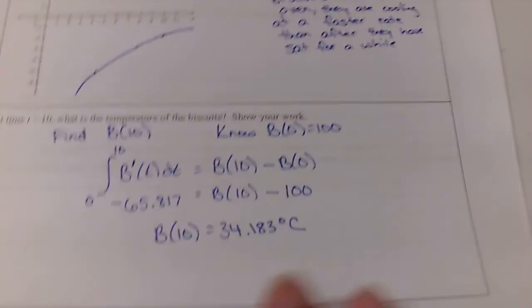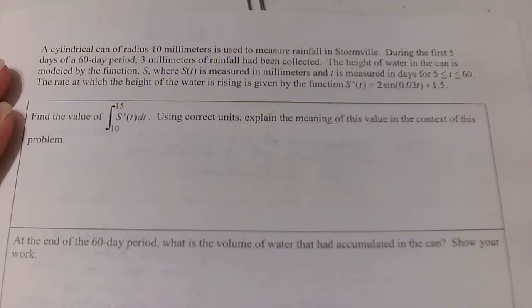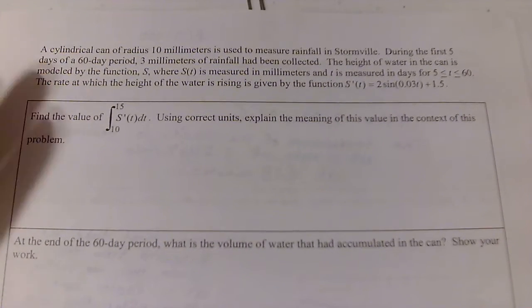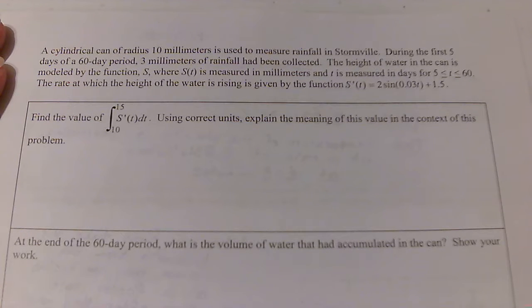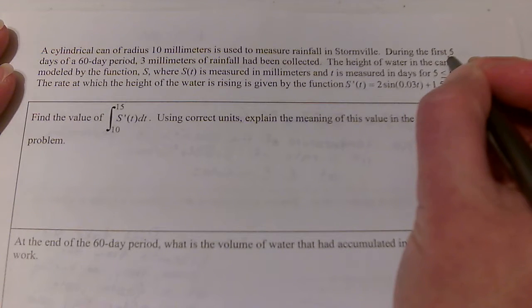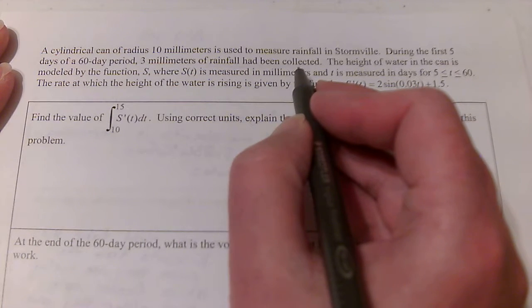So integrals are very useful. Last example. A cylindrical can of radius 10 millimeters is used to measure rainfall in Stormville during the first 5 days of a 60-day period. So during the first 5 days, 3 millimeters of rainfall has been collected.